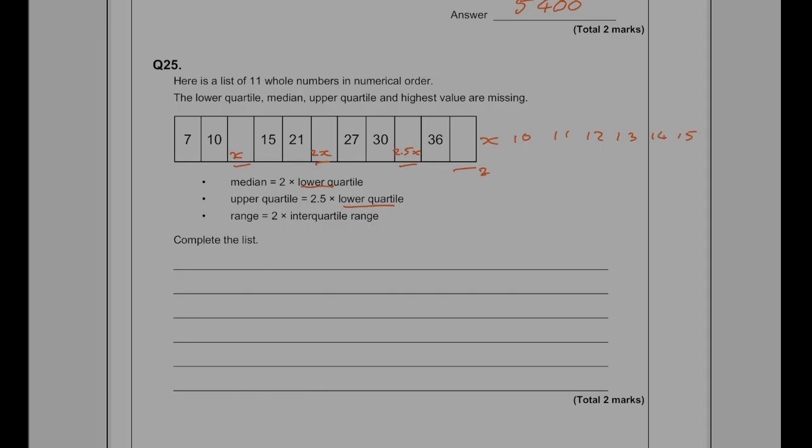It couldn't be 10 because 2 lots of x needs to be bigger than 21. So it could be 11 for now. If we start looking at the larger values, it couldn't be 15 because 2 lots of x would be 30, so that would be outside the range, and it couldn't be that one either. So we can say that it's got to be one of these three.